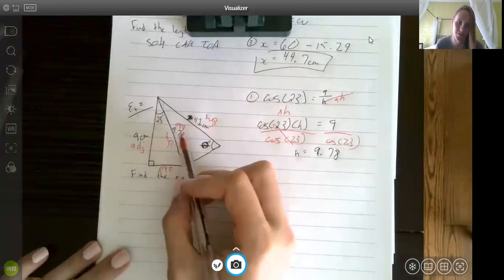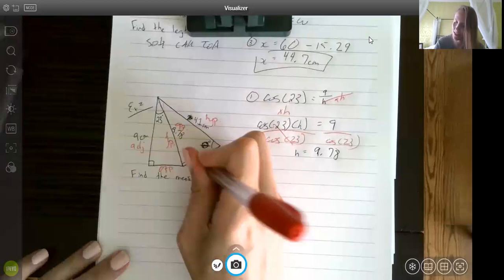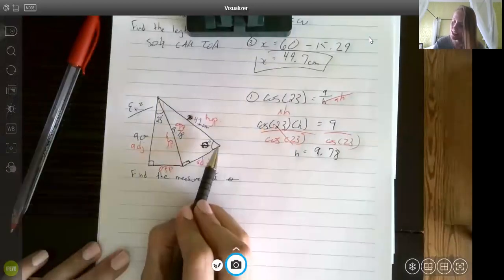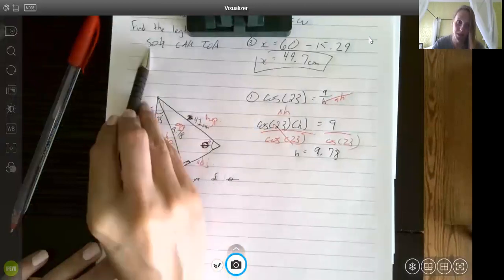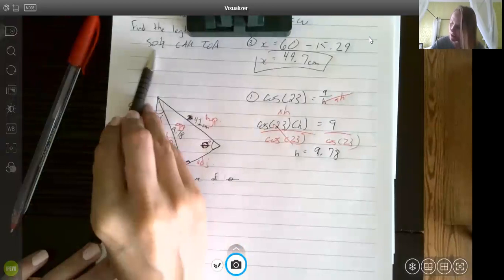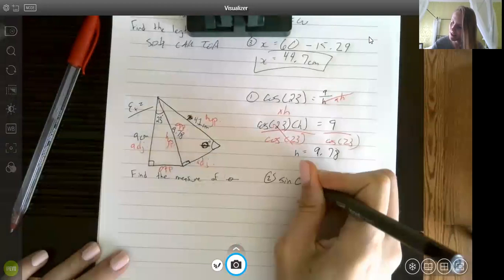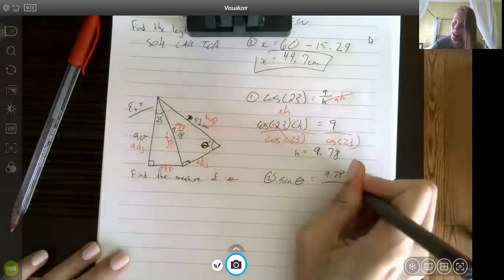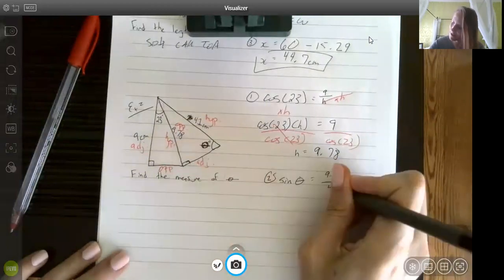It is the opposite for my second triangle, which would make that side down there adjacent. Now, in order to find this angle, I need to use the opposite side and the hypotenuse, which means I'm going to be using my sine ratio. So the sine of my angle is the opposite, which is 9.78, over the hypotenuse, which is 41.